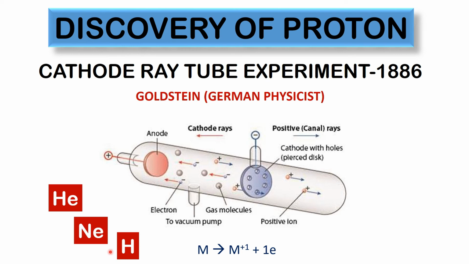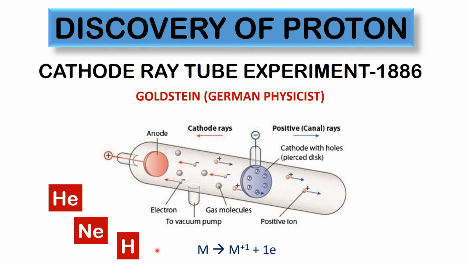It is because of the fact that the atomic mass of hydrogen, that is protium, is 1. So 1 by 1 is equal to 1. And any other gas has a higher mass than hydrogen. So if you divide 1 by anything higher than 1, that will be less than 1. So the charge to mass ratio for hydrogen is exactly 1.